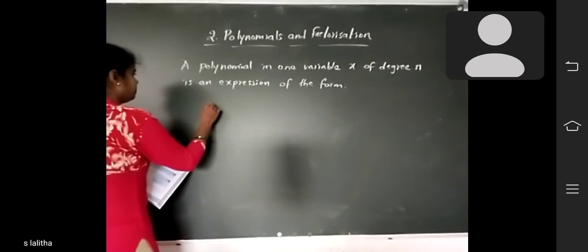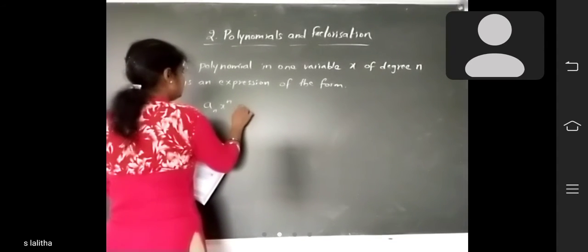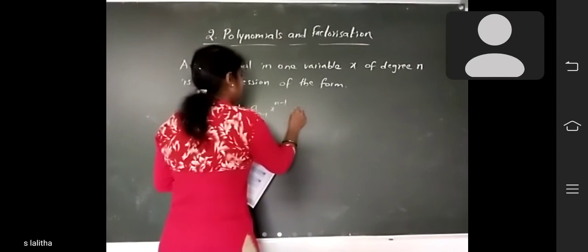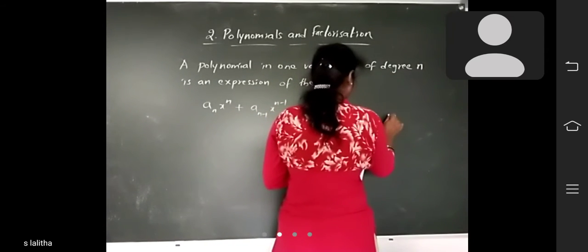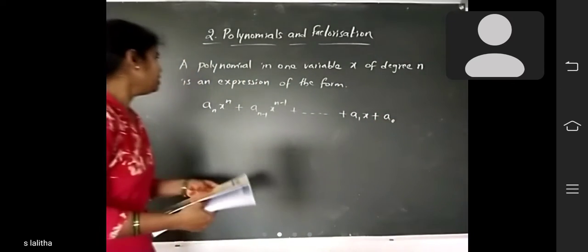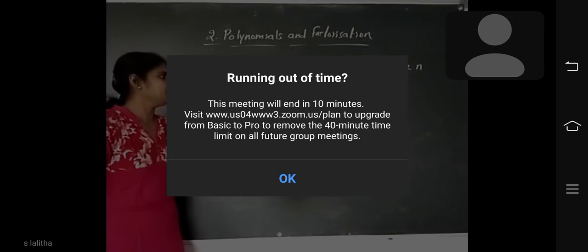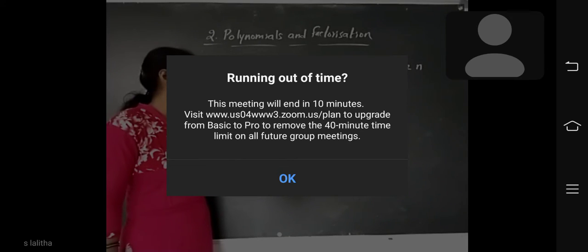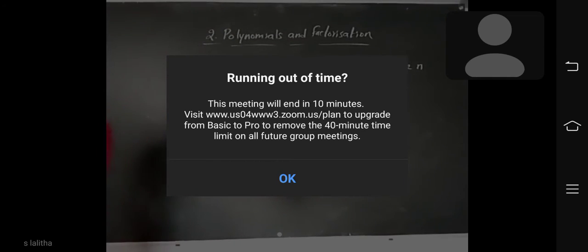What is the expression? See here, a n x power n plus a n minus 1 x power n minus 1 plus a n minus 2 x power n minus 2 plus so on, plus a1 x plus a naught. This is the expression in one variable, children.